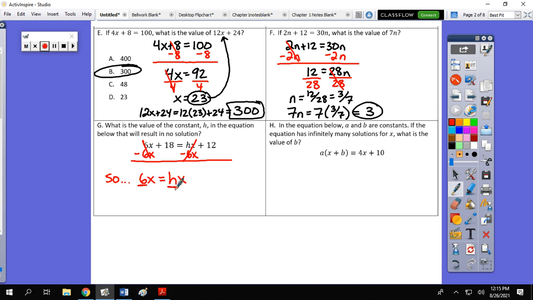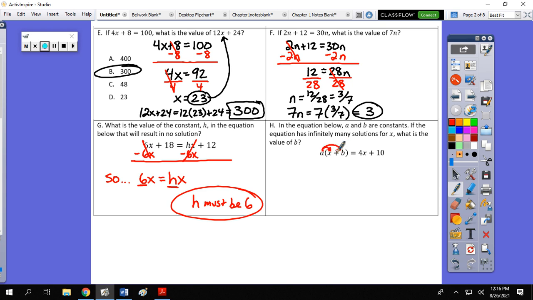Hopefully everybody can see that means h must be 6 in order for there to be no solution. The same thing would occur for infinite solutions to an extent.